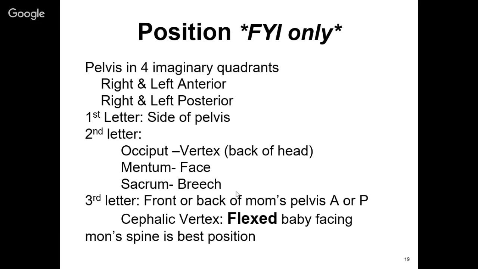The third letter refers to front or back of mom's pelvis, anterior or posterior. Cephalic vertex, flexed, baby facing mom's spine, is the best position. So tuck and roll, head nice and tucked, small, and facing mom's spine.